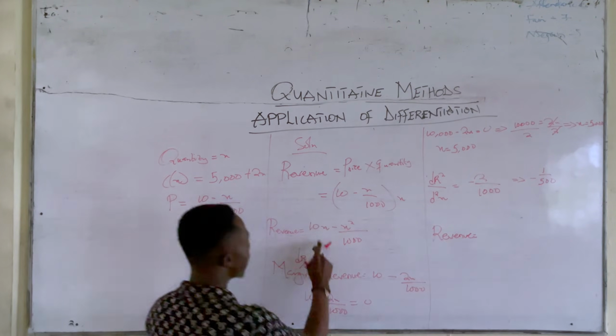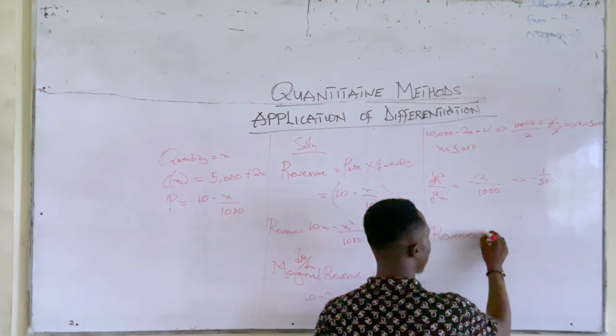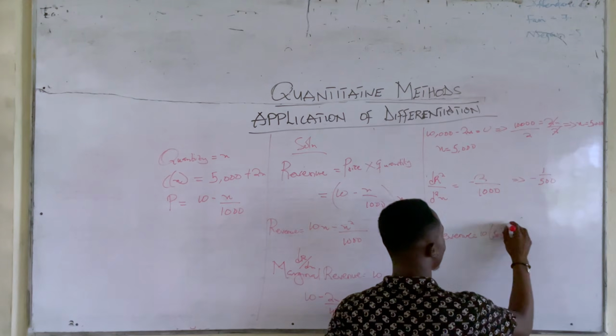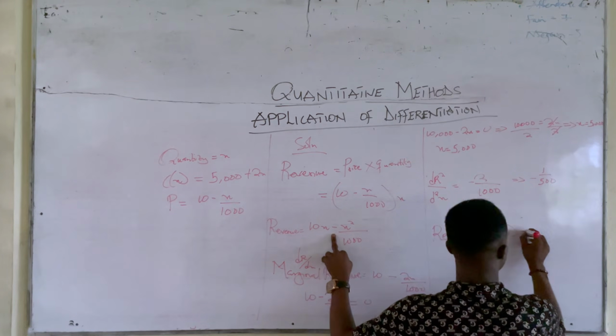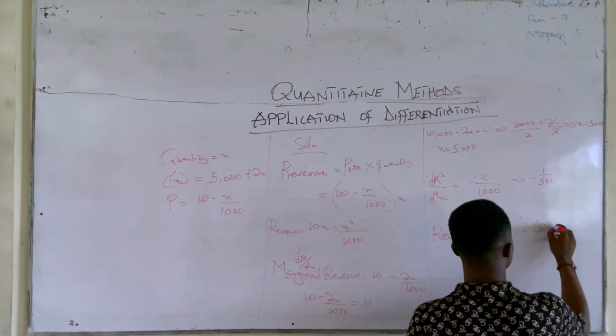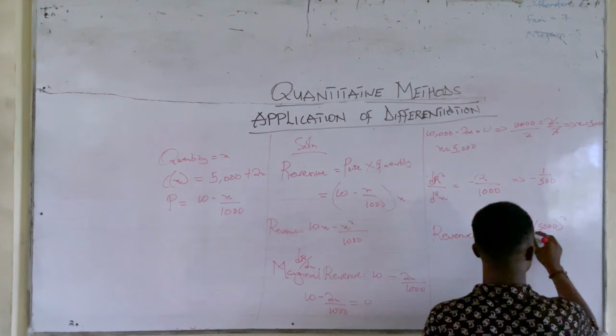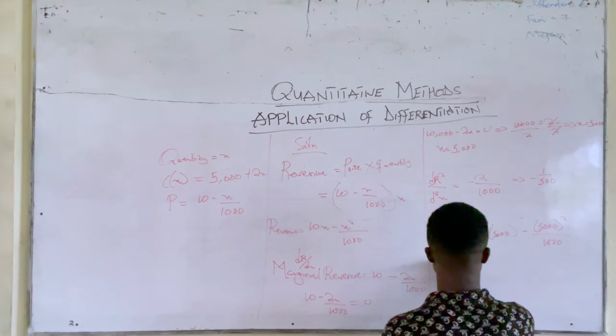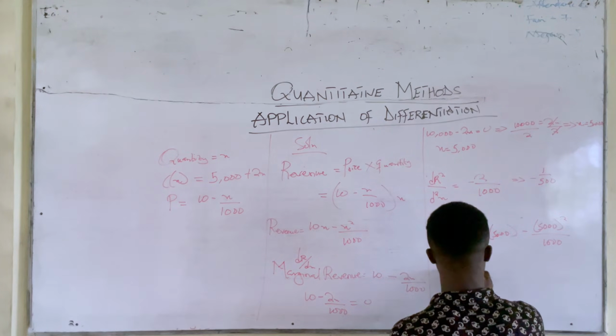So now the revenue is equal to 10x. So we say 10, then we multiply it by 5,000, minus 5,000 squared over 1000. So what are we getting for our revenue?